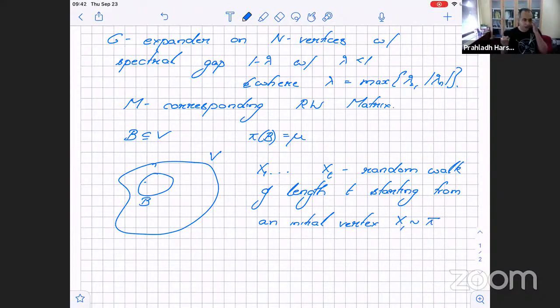You pick a completely independent starting vertex, not a worst case, and then take a t-step walk from it.